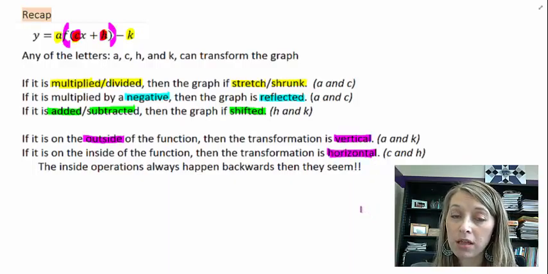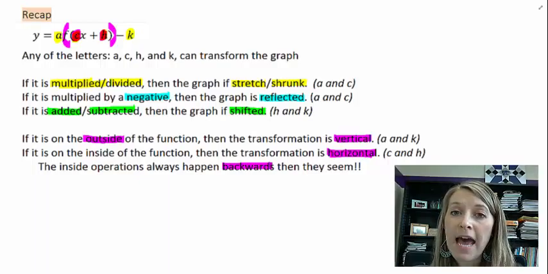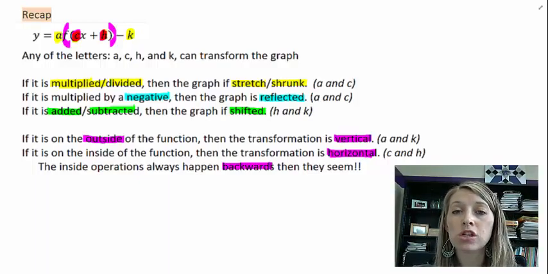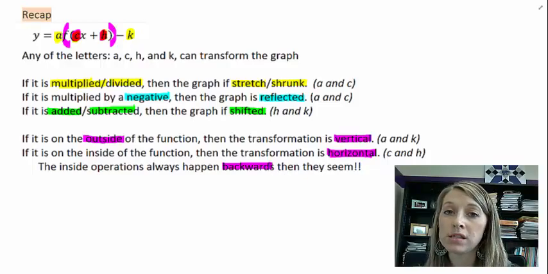And the thing about the inside is it's always going to happen backwards of what you think it should do. So if it's added, that means we're actually going to subtract it. If it's multiplied, that actually means we're going to divide it. So the inside operations are always backwards.